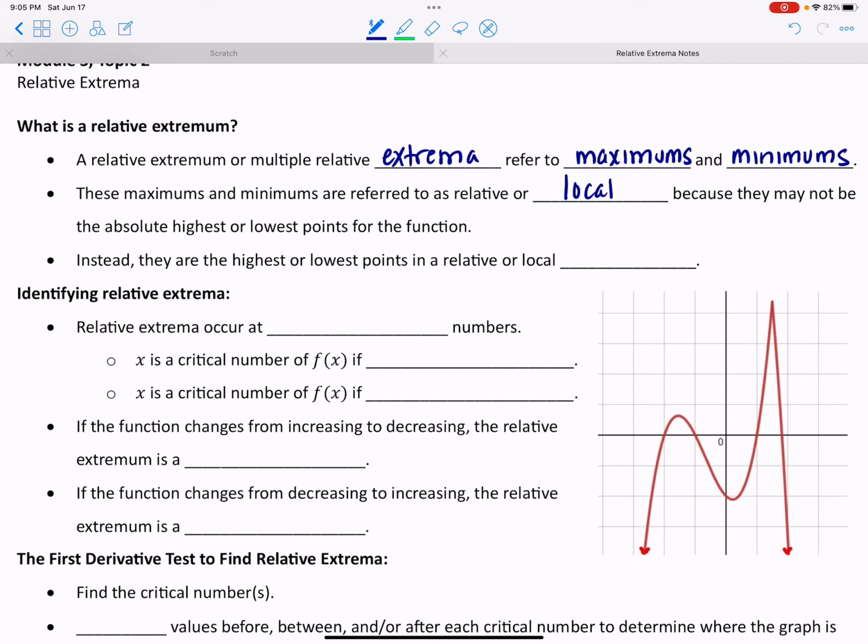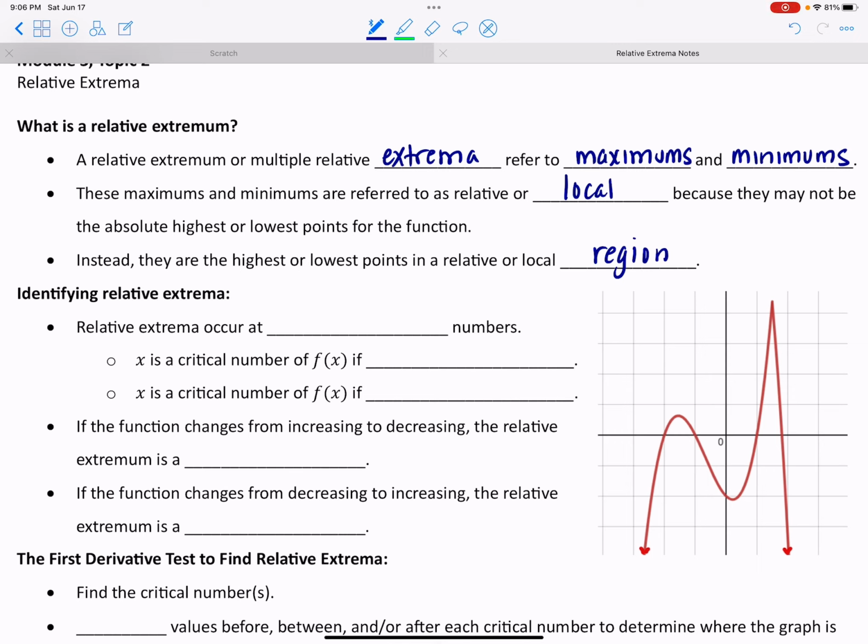We call them relative or local maxes or mins or extrema because they may not necessarily be the absolute highest or lowest points for your function, but if you're looking at some local or relative region, in that region, if it is a maximum, a highest point, or a minimum, a lowest point, then it's going to be called a relative or local maximum or minimum. So again, these are highest or lowest points in a relative or local region. Relatively speaking, in this particular area, is this a maximum or a minimum?